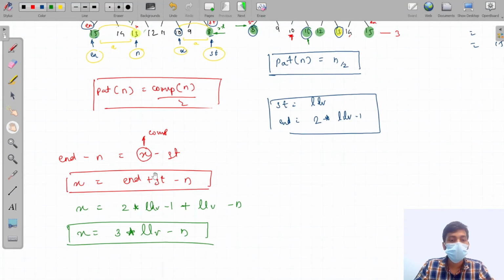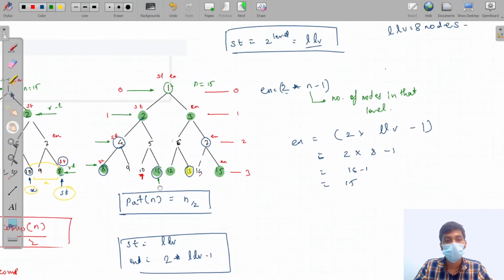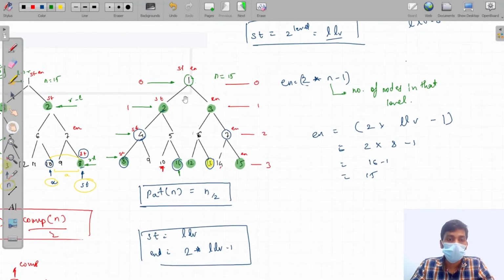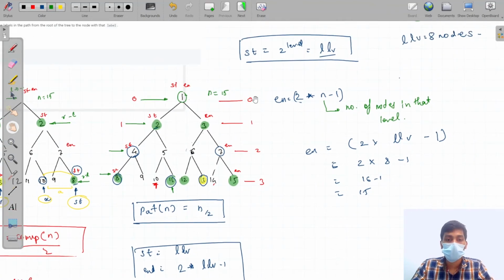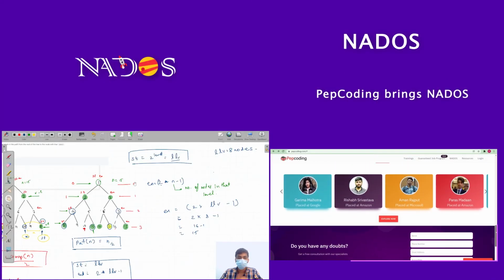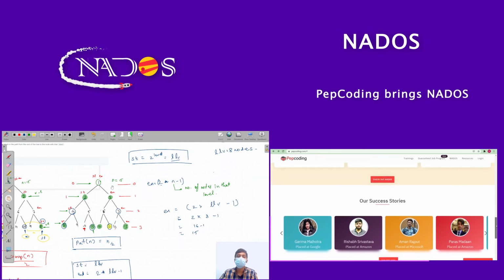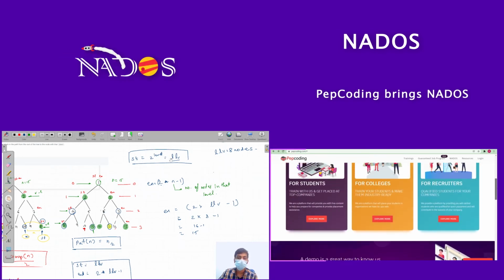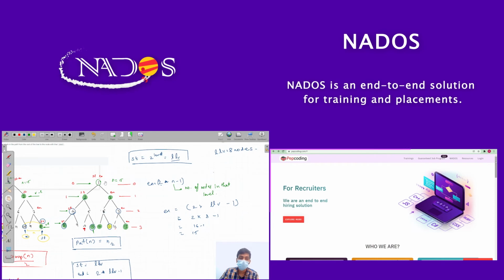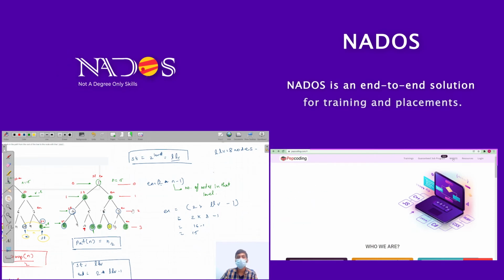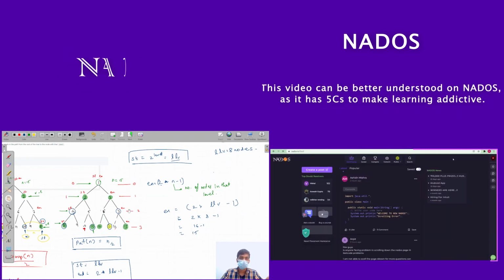Now how to find the starting point and end point? We have seen that the starting point is nothing but the last level value, that is nothing but 2 raised to the power level. What this 2 raised to the power level, or last level value, means is how many nodes are going to be present at this particular level.